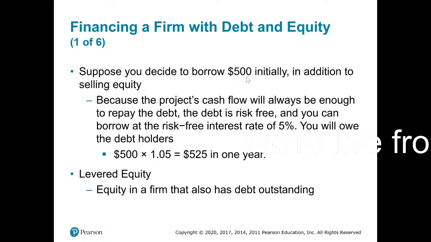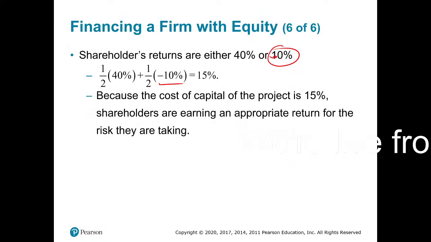Because the project cash flow can offset the debt, and you can borrow at this risk-free interest rate of 5%. So you owe the debt holders that much. In this case, we are concerned with the return. So here we have the shareholder return 15%.